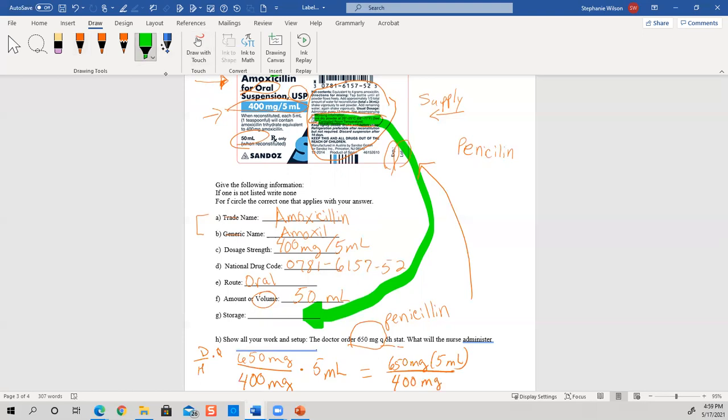Well, they reduce, right? Leaves me with 1 in there. 1 times 650 is 650, 1 times 400. And now we're just going to multiply straight across and then divide. So 650 times 5 divided by 400 gives us a decimal of 8.125 milliliters. So we are talking about a volume.